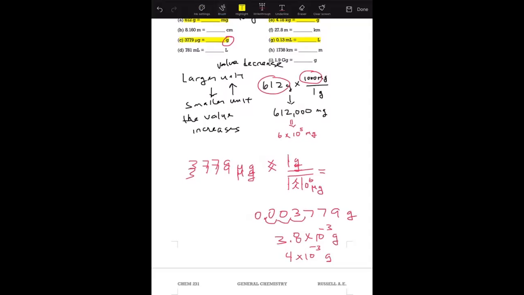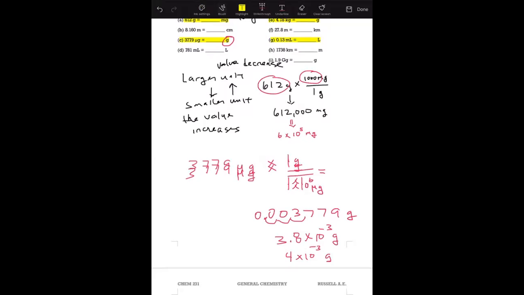Go ahead, what's your question? So my question for the last part that you just did, how do you know when to stop, like when you're rounding it up? When you say stop, what do you mean by that? So when you took the decimal and moved it over 3 spaces.